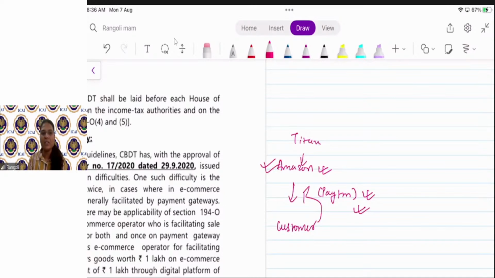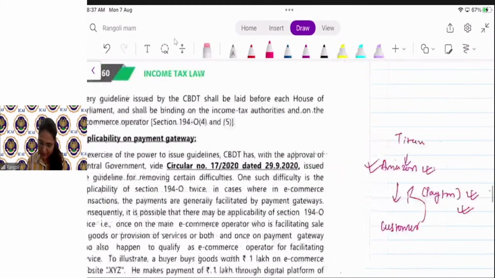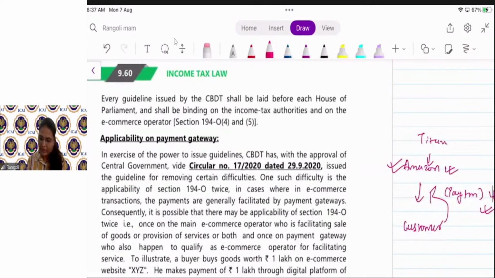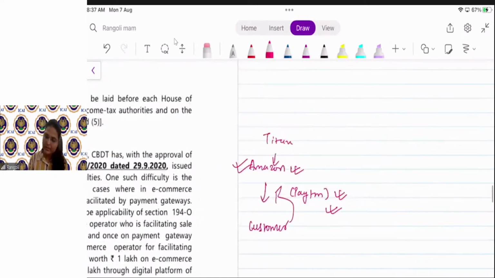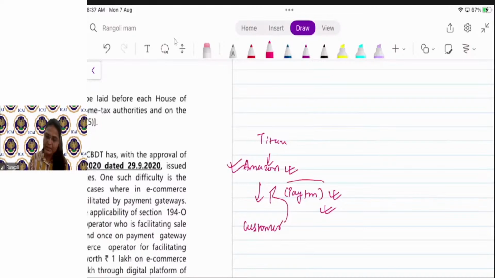So now the government will issue a clarification that in that case, the payment gateway, that is Paytm, is not required to deduct TDS. Only Amazon will deduct TDS. Otherwise, on the same amount, Paytm will also deduct TDS and Amazon will also deduct TDS.